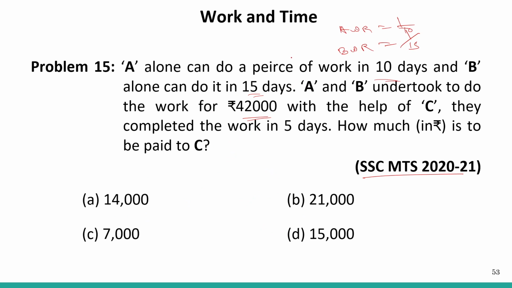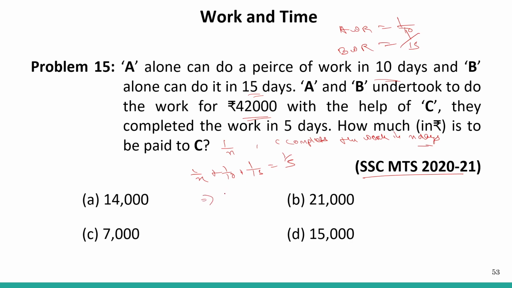Okay, so A's work rate is 1 by 10, B's work rate is 1 by 15. Let C's work rate be 1 by X. So basically C completes the work in X days, if worked individually. So 1 by X plus 1 by 10 plus 1 by 15 is equal to 1 by 5, right?